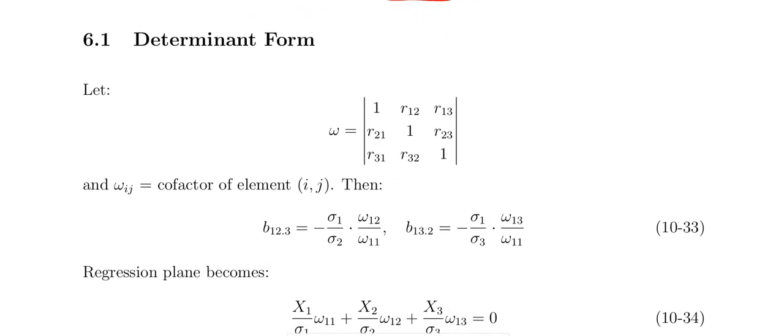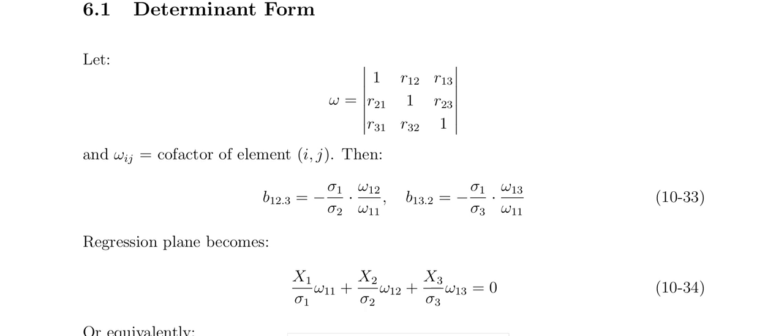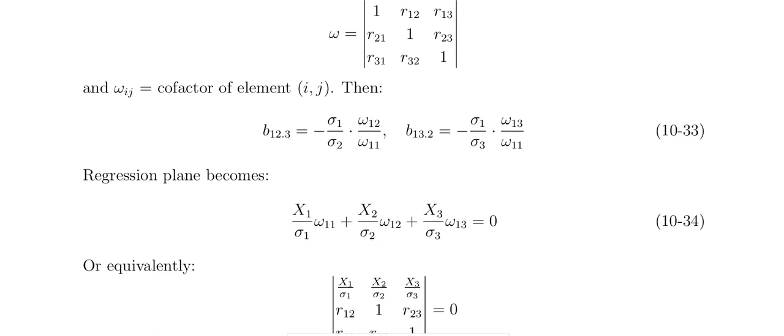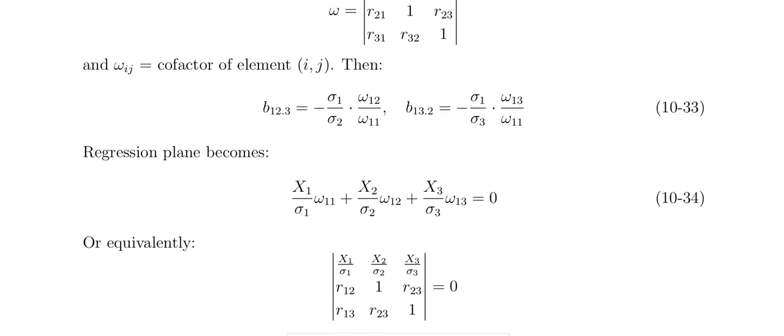So this is called omega, omega ij, the cofactor of the element i comma j.